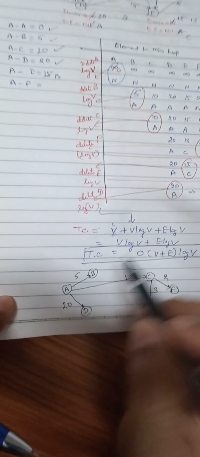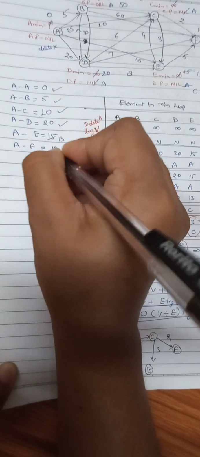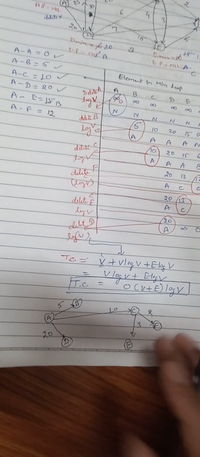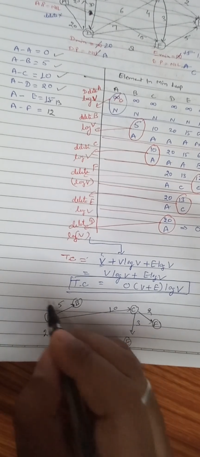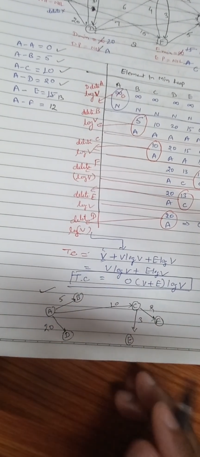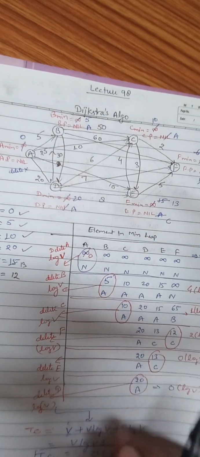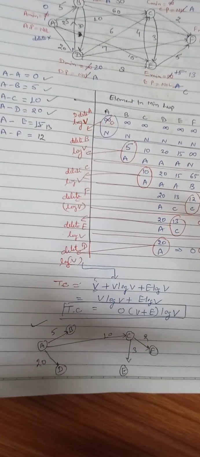So A to F we can say 12. So this is the final graph with the edges of minimum cost. So this is the final answer for the Dijkstra algorithm. In that way we can calculate the time complexity, or we can calculate the minimum cost path with the Dijkstra algorithm by doing comparisons.